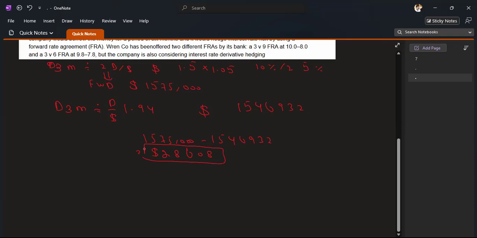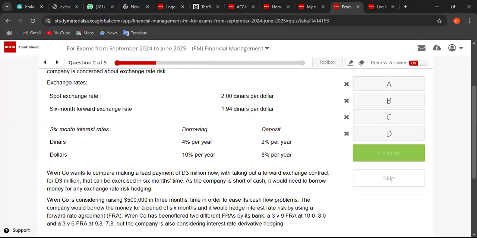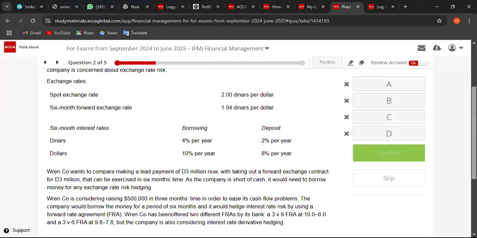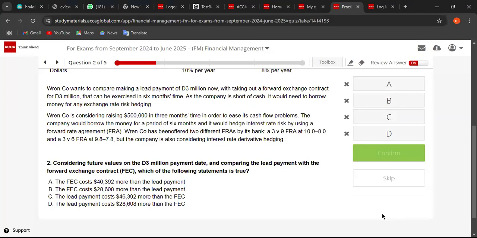You had to compare the two scenarios. So now what will we say to the examiner? We will say to the examiner: 28,608. The lead payment costs more than the forward exchange contract. So D is the answer.